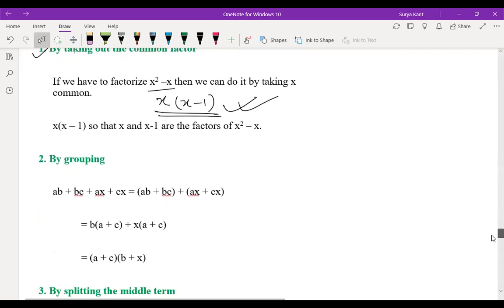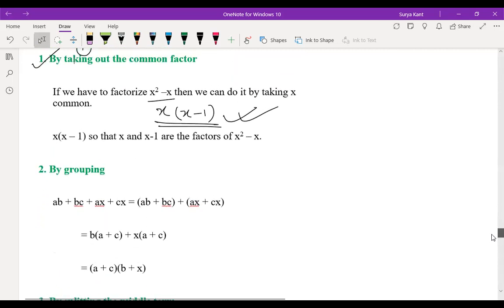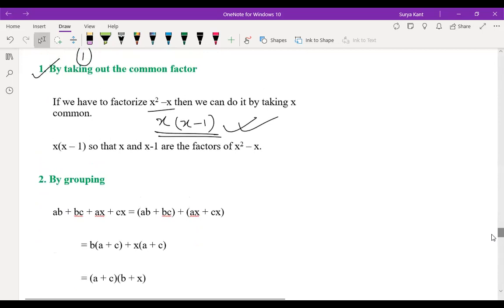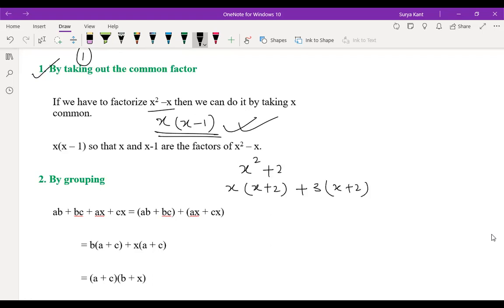Next one is by grouping. Grouping means, you know, children, do you know grouping or not? If I give an example, then only you can understand grouping. If I write x square plus 2x plus 3x plus 6, we should split it so that we can take something common.